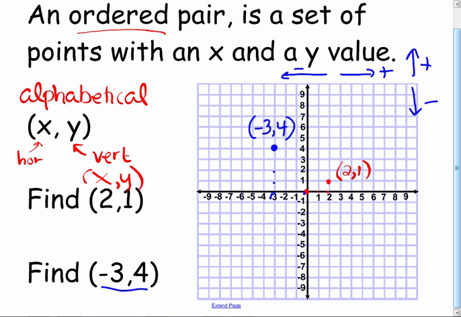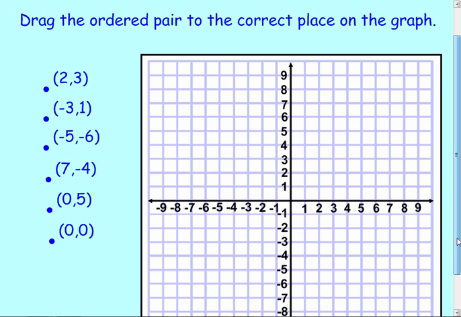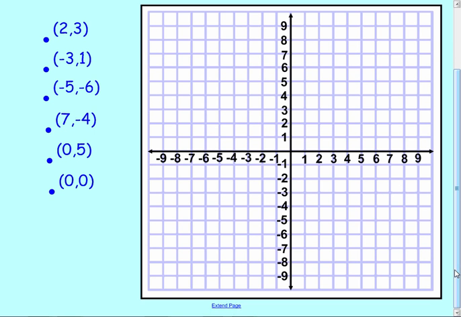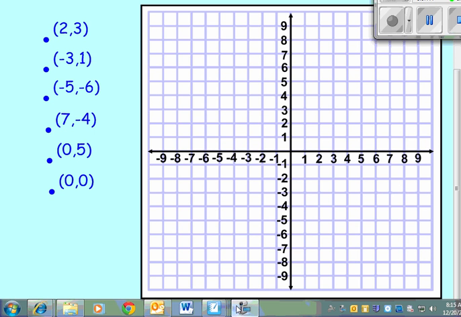So let's try some of these. Actually, you guys could come up and do it. Oh wait, I have a better idea. I have my iPad. We're going to drag these on this board, but some of you can do that. See if you can find those points. See if you can figure that out, and I'm going to get my iPad.